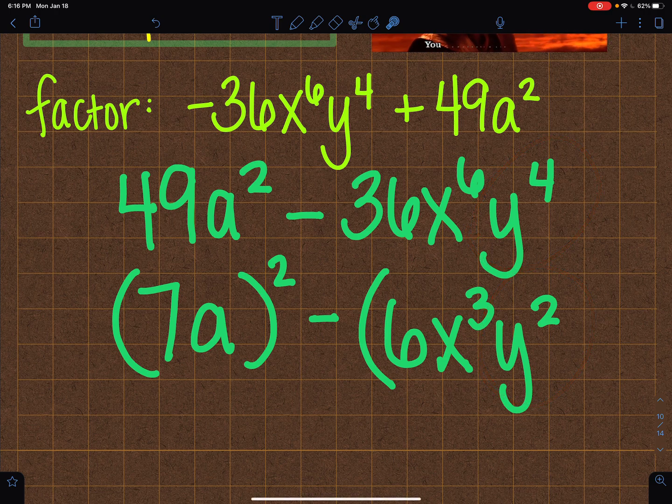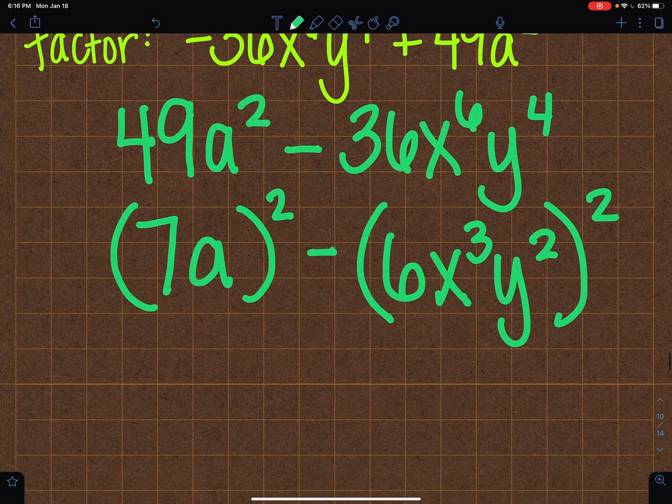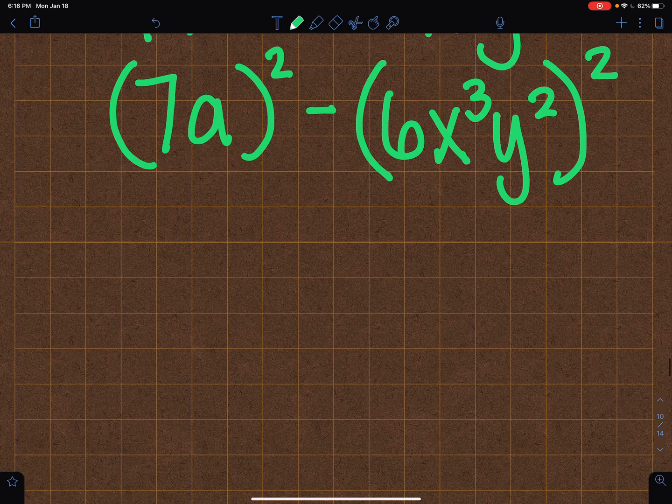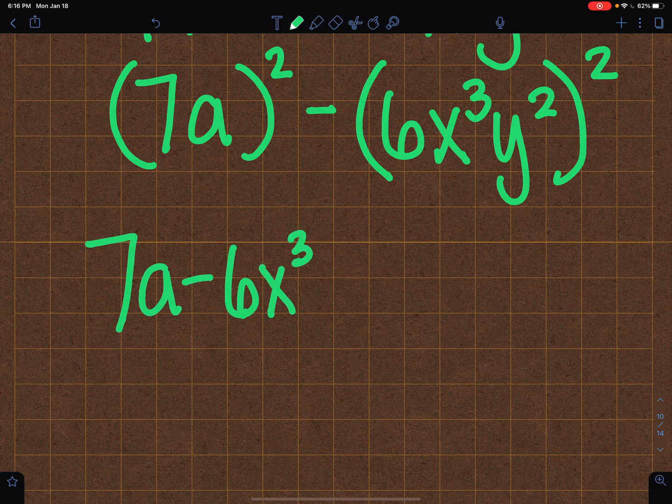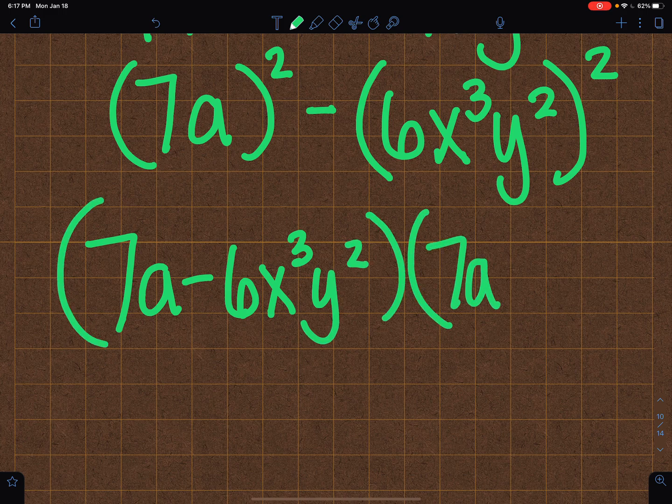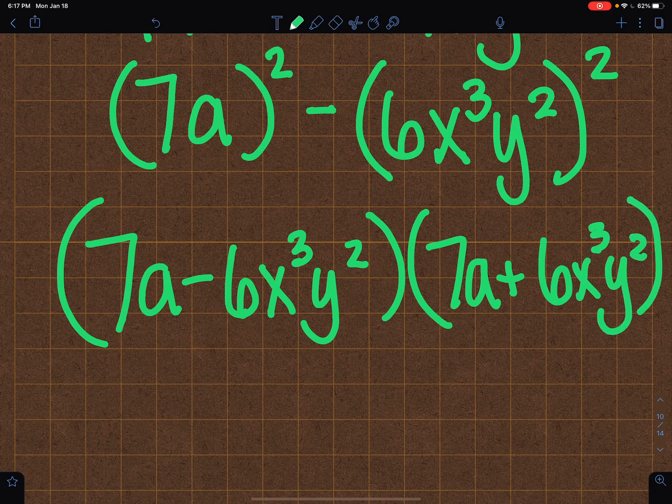So then it's that whole thing squared. Difference of two squares: 7a minus 6x cubed y squared, and then 7a plus 6x cubed y squared. There you go.